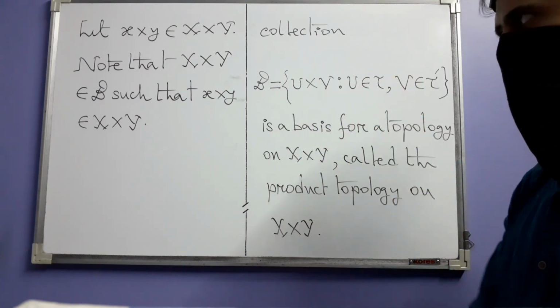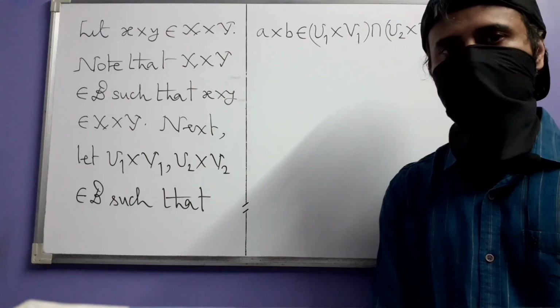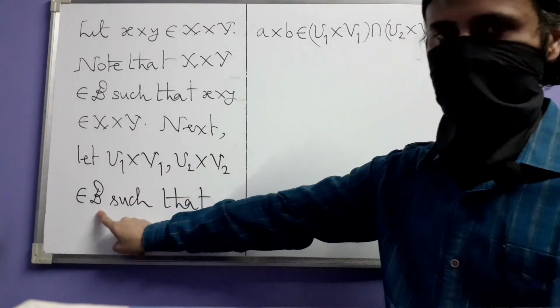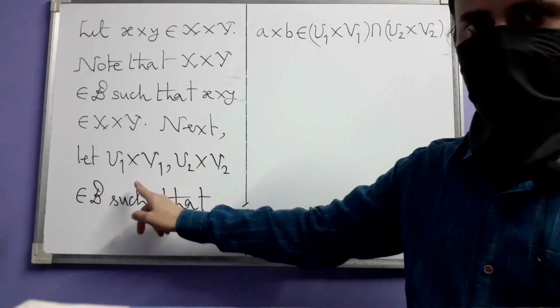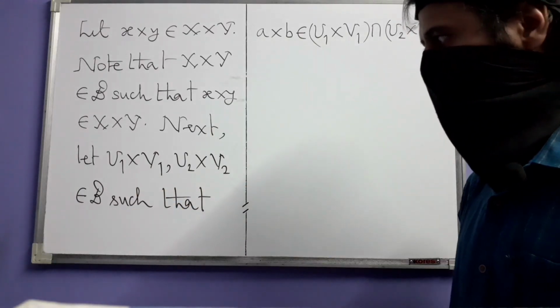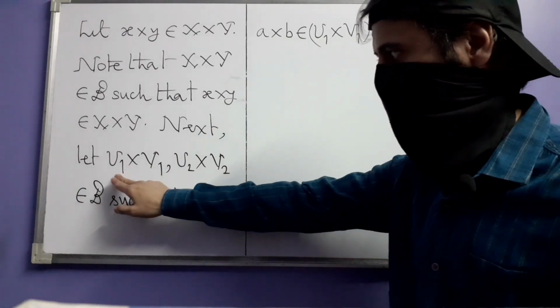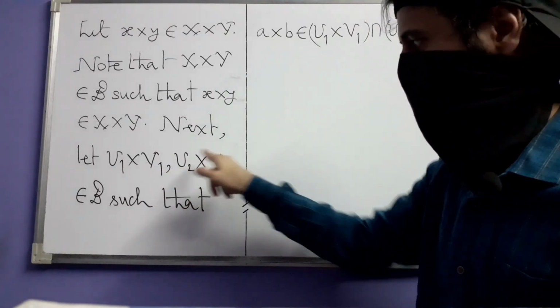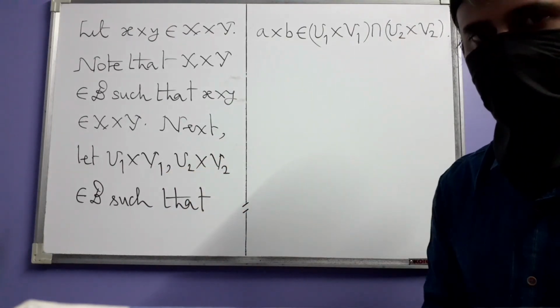And now we go for the second one. For the second condition, we take two elements in the collection B, U1 times V1 and U2 times V2, and of course it is understood that U1 and U2 are coming from the topology tau and V1 and V2 are from tau prime.